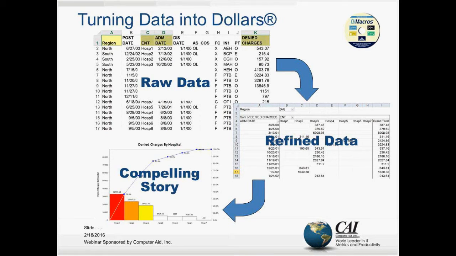So we're going to take this raw data, use pivot tables to summarize it, and then use control charts and Pareto charts to tell a compelling story about what's going on and where we should focus our energies. One of the things that I find is a lot of Six Sigma courses teach people that we have to get a team together and brainstorm what we're going to work on. That's stupid.